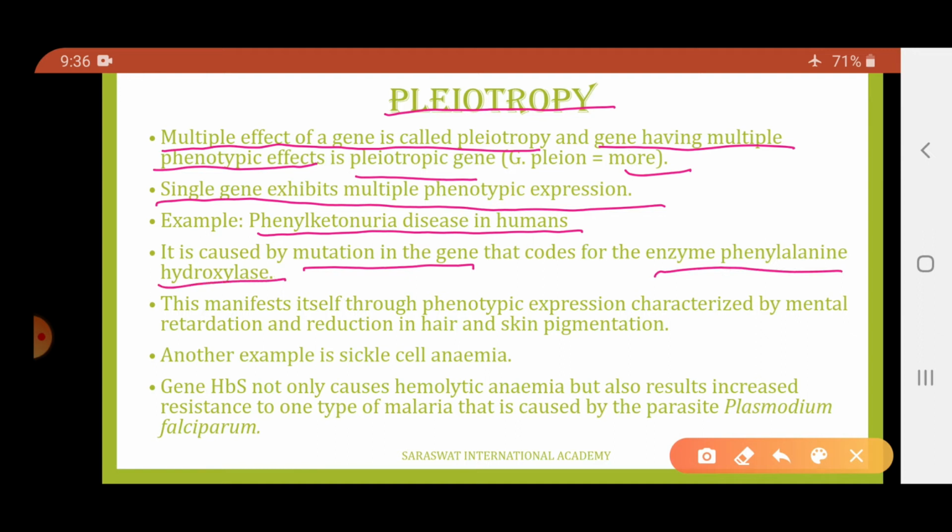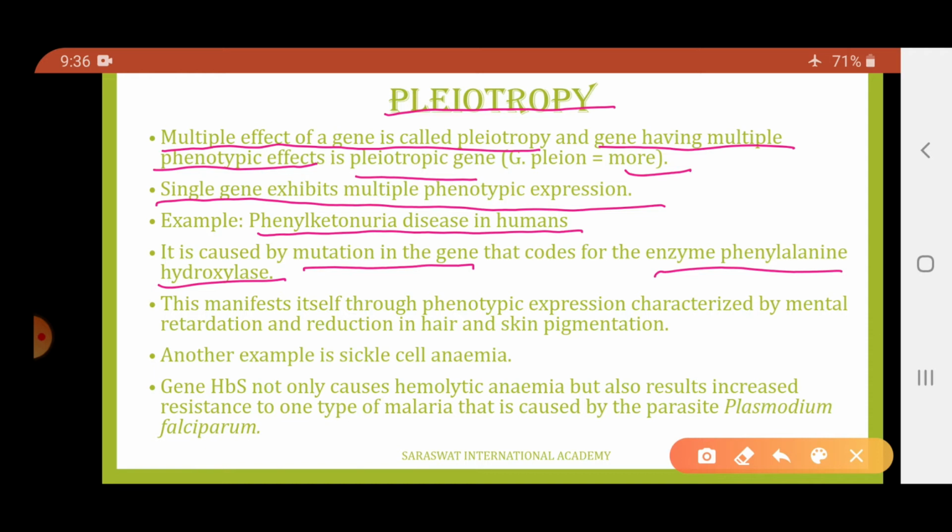So basically phenylketonuria disease is caused by the mutation in a gene which will be responsible for the formation of phenylalanine hydroxylase. Who will form this enzyme? It will be decided by the gene. So gene which forms this particular enzyme, it gets mutated, right?